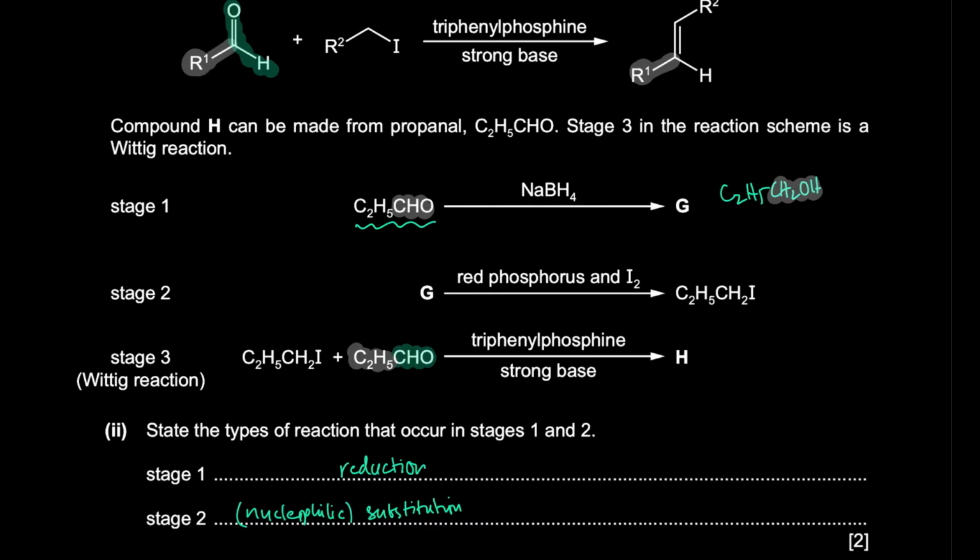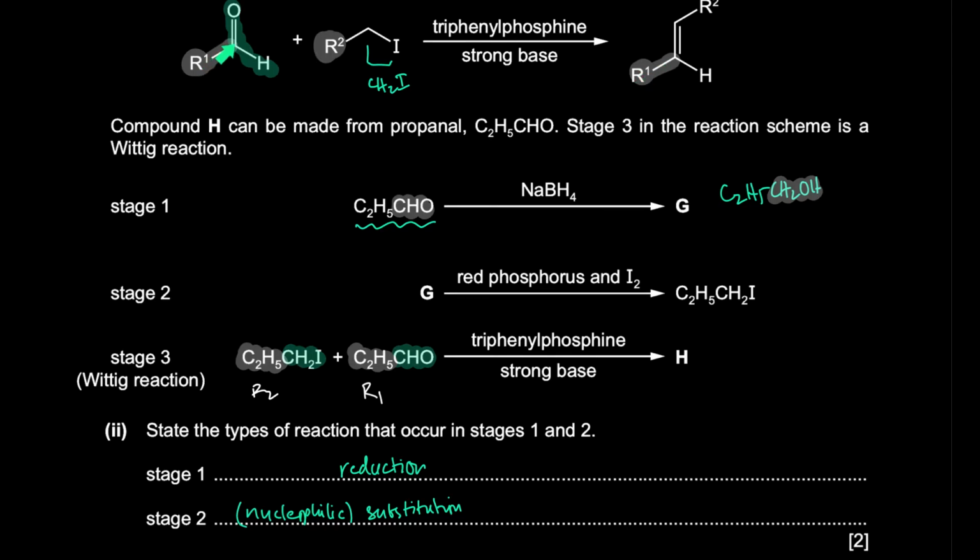We have R1, right? And R2 is bonded to the CH2I. You have a CH2I here, okay? And R2 is the group that's bonded to the CH2I over here. So what's bonded to the CH2I? What's R2? R2 is also an ethyl group, right? This is R2. C2H5 again. And now if you look at the product of the reaction, what do we have? We have R1.